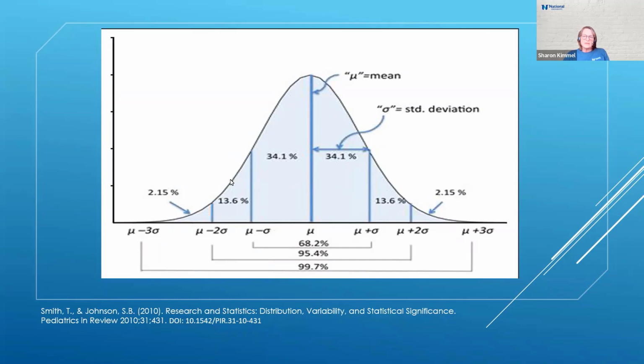That would mean that we're 95% confident here that our value would be within here, and 5% that it would be in here. So effect sizes that fall within these ranges are considered statistically significant, these ranges. And we reject our null hypothesis of no difference between our groups or variables.